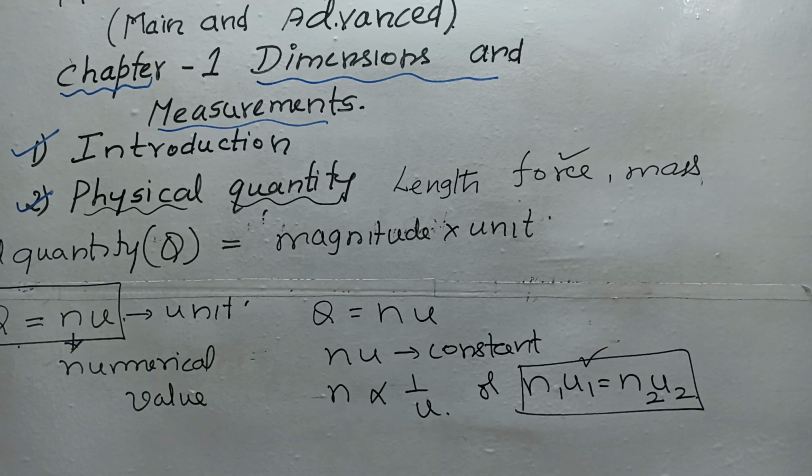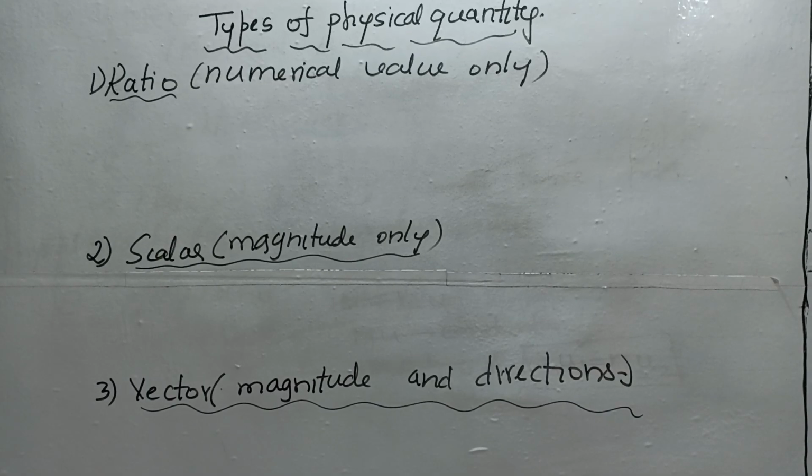Okay. Next, let us move towards the next concept, that is types of physical quantity. Now let us try to understand the types of physical quantities.